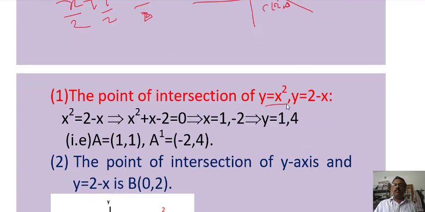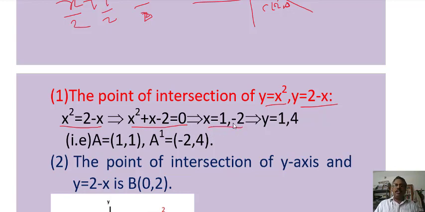Equating, x square equals 2 minus x. Bringing to the left hand side, x square plus x minus 2 equals 0. Finding the roots of the quadratic equation, x equals 1 and minus 2.